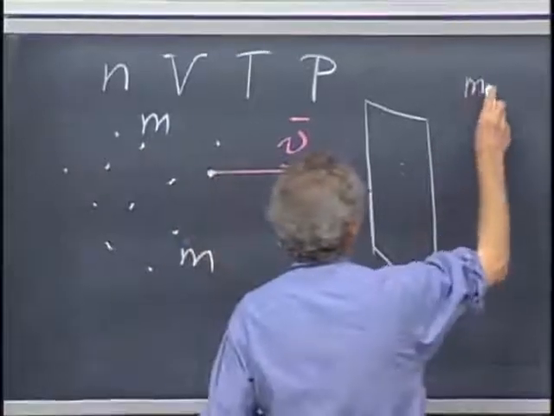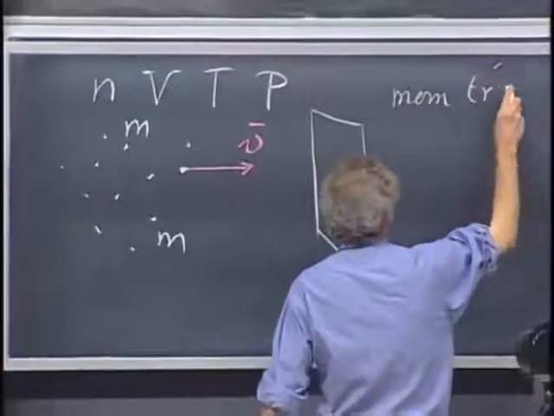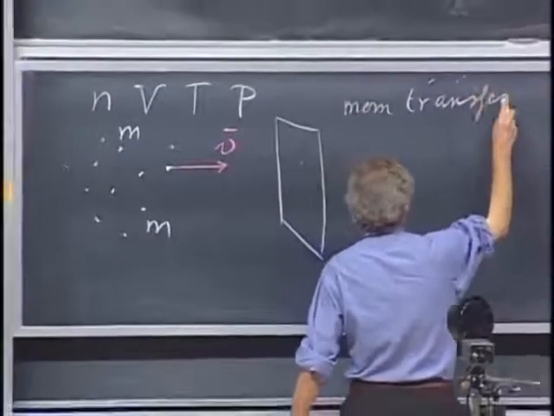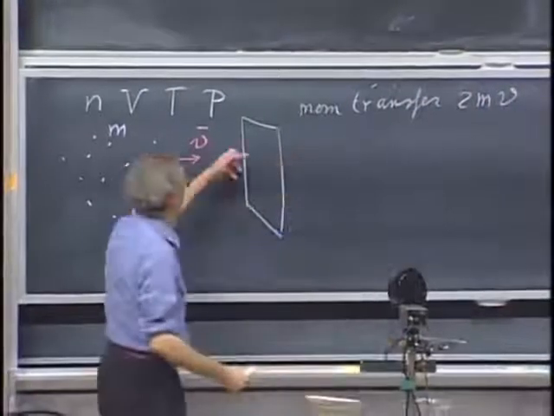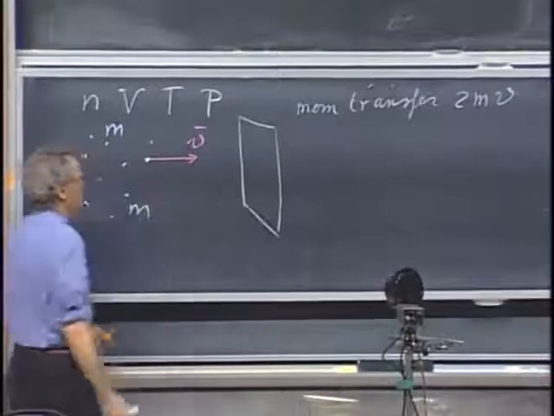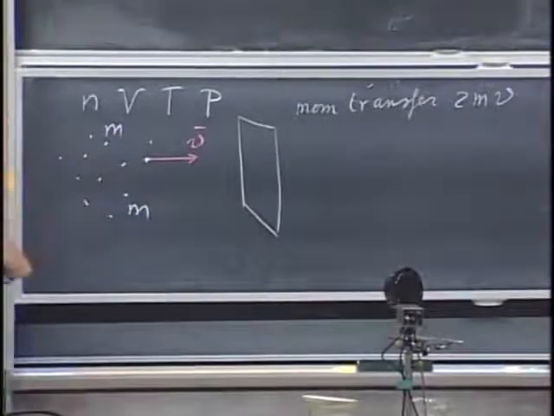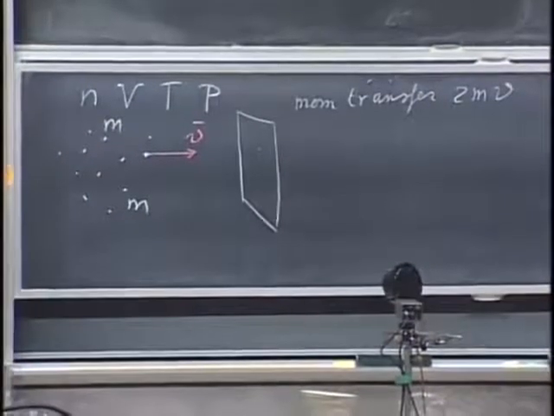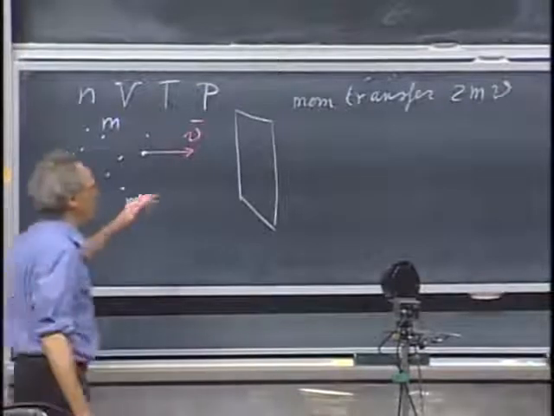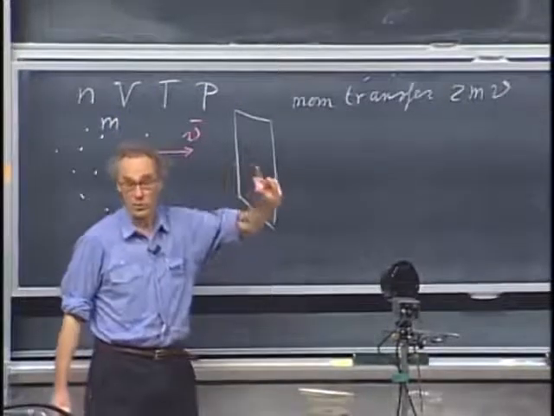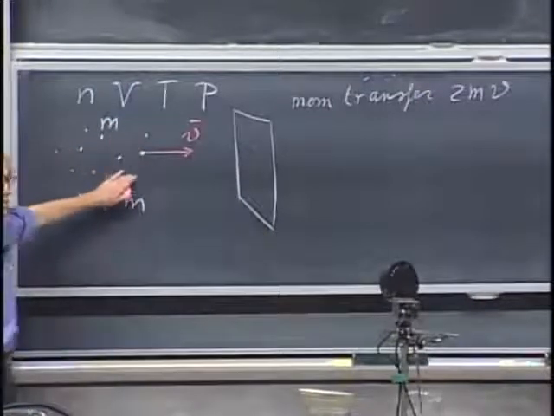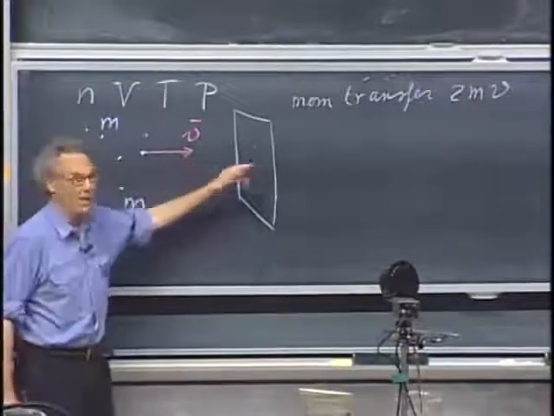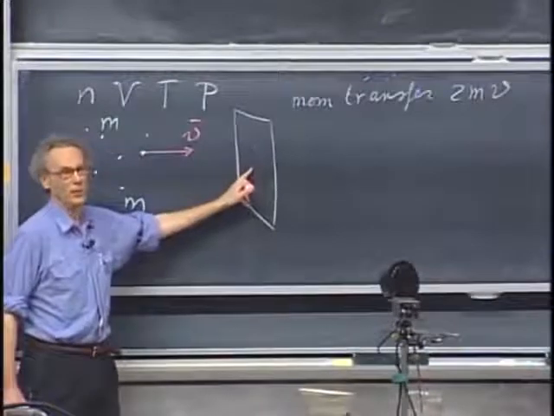So there is momentum transfer, and the momentum transfer for one collision is 2mv, because it comes in with mv in this direction, it comes back with mv in that direction, so the momentum transfer is 2mv. But I'm interested in the momentum transfer per second, not just for one molecule. And now, of course, I have to multiply it by the velocity, because if the velocity is high, you have a lot of bombardments per second on here.